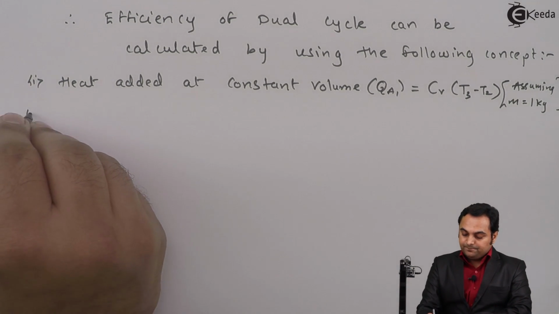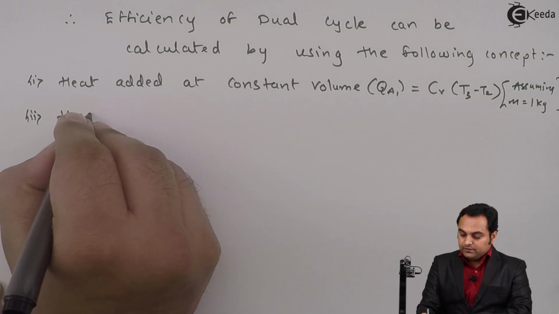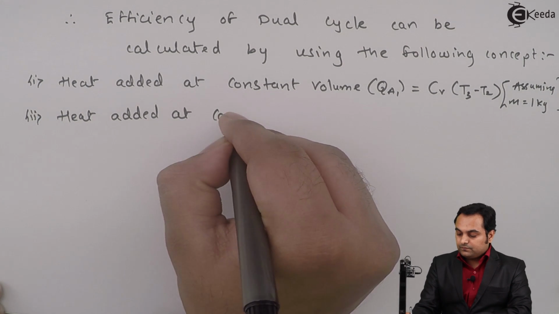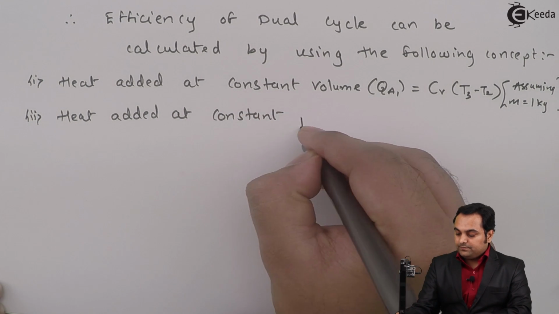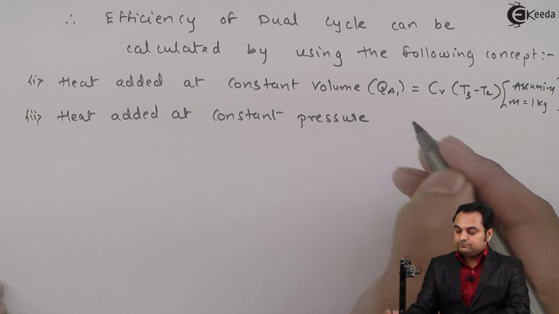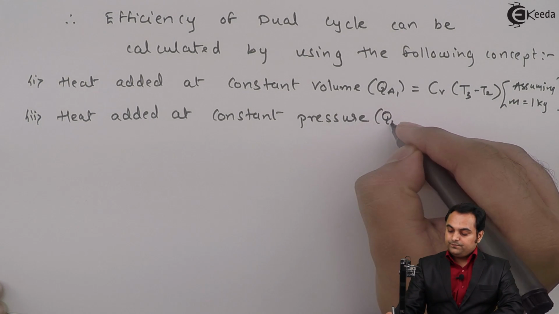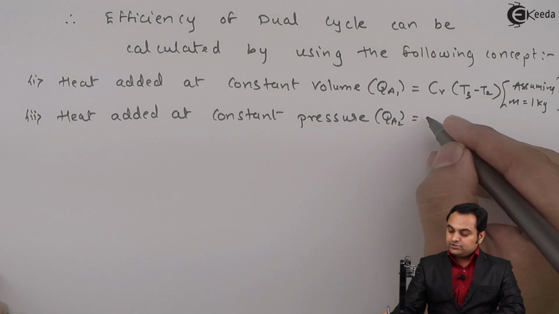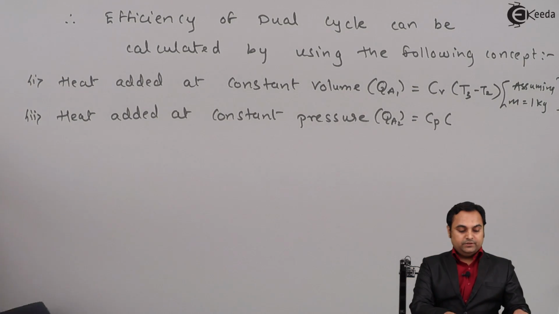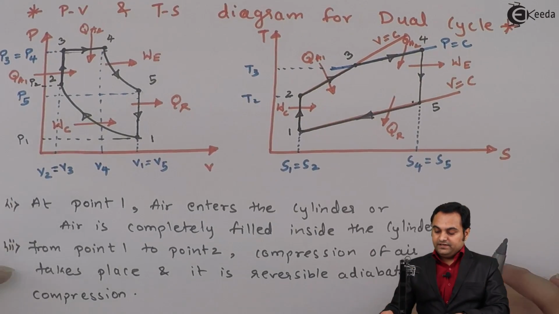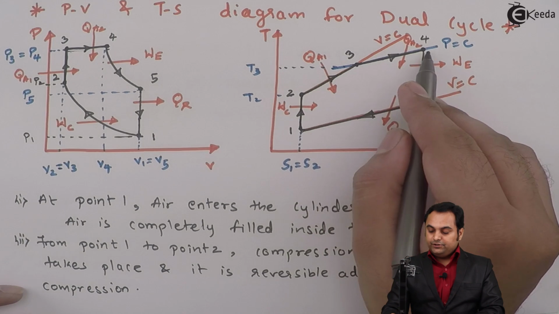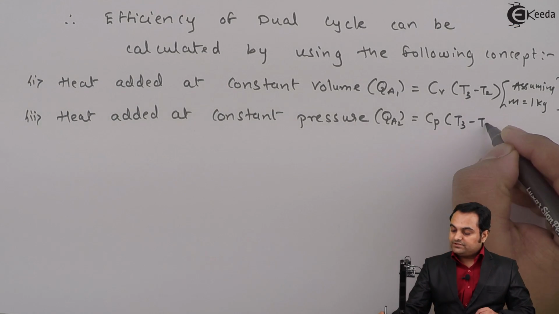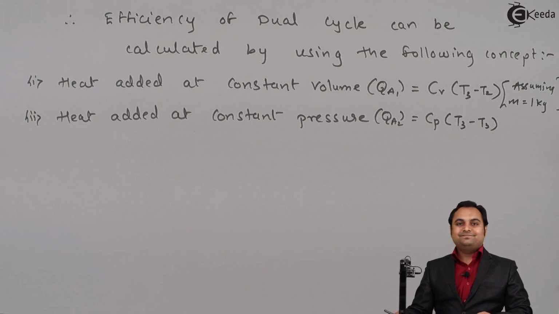Now similarly, heat added at constant pressure, that is QA2, will be equal to, heat is added at constant pressure, so Cp. Now heat is added at constant pressure from point 3 to 4, so it will be T4 minus T3, again the mass is 1 here.